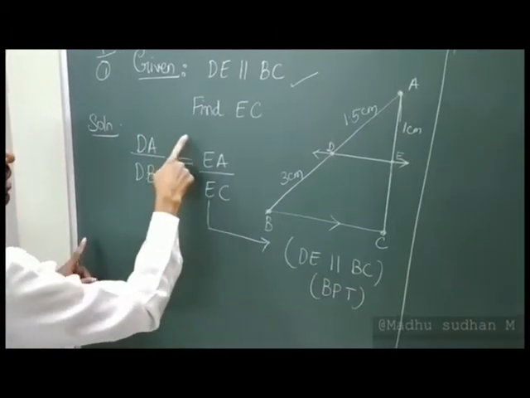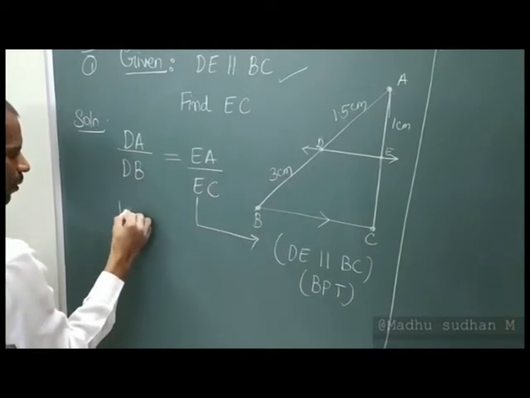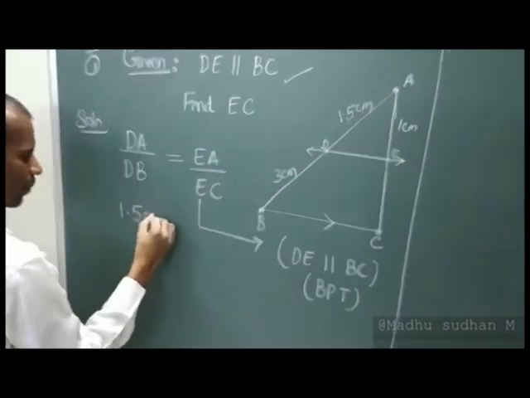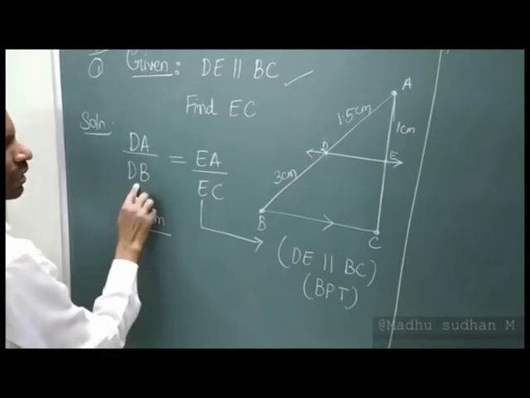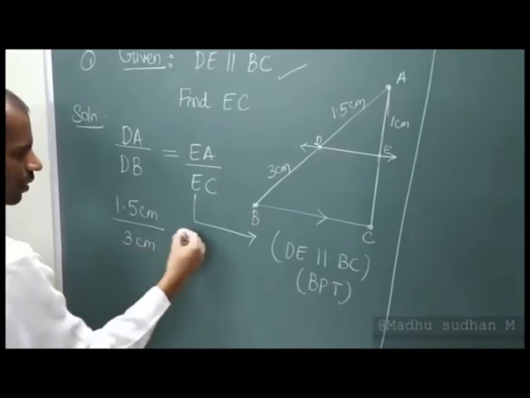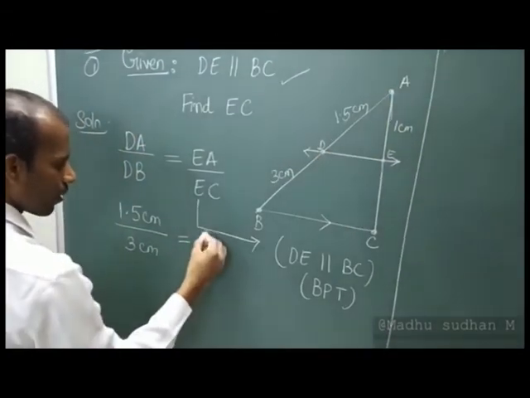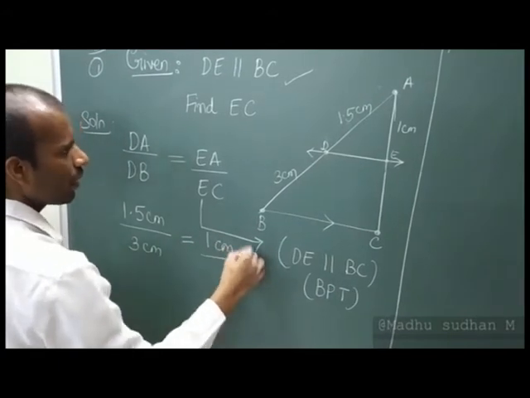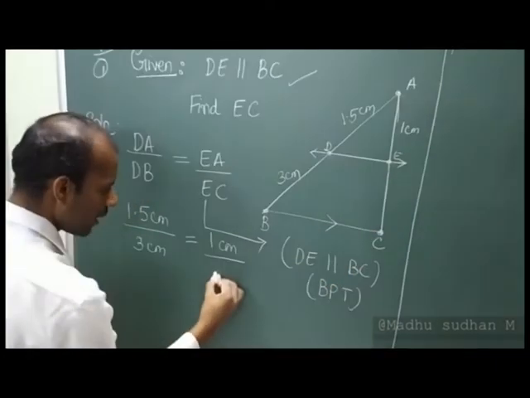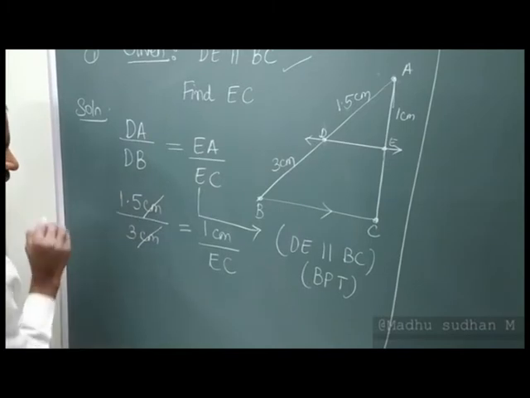So what is given here? A to D is 1.5. Let us not forget to write even the unit here, 1.5 centimeters by DB. DB is 3, right? So let me write 3 centimeters, which is equal to, what is EA? EA is equal to 1 centimeter by EC. So we need to find EC. Followed it, I can cancel these units here.